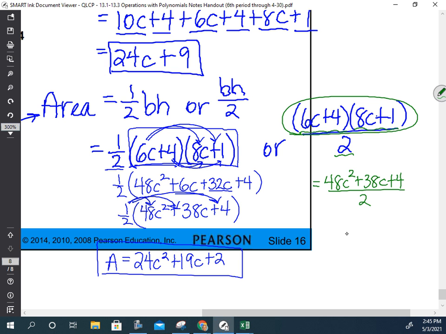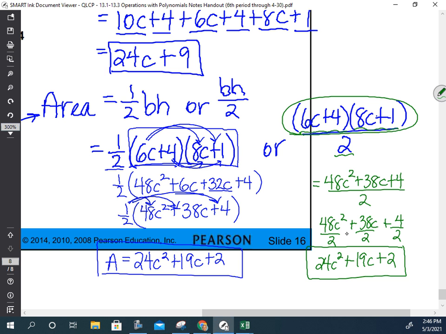So now you're going to take every single term and divide it by 2. So 48c squared divided by 2, that's 24c squared. 38c divided by 2, 19c. And 4 divided by 2, which is 2. So you get the same answer regardless of which way you choose to set it up.